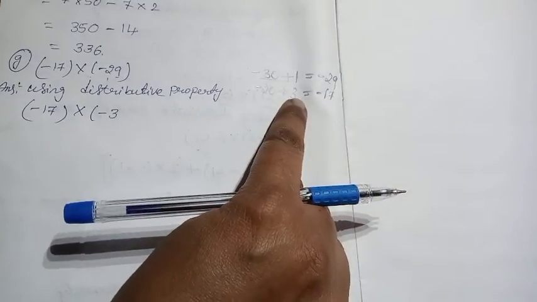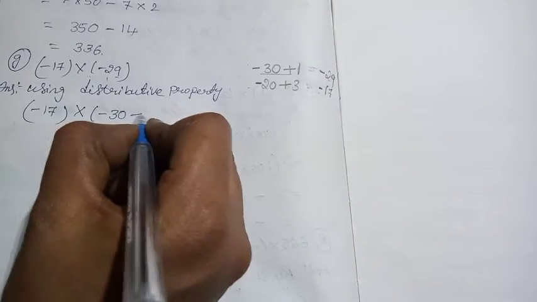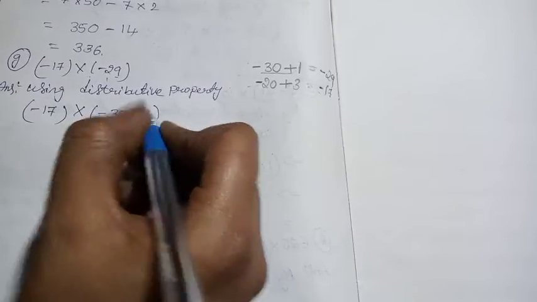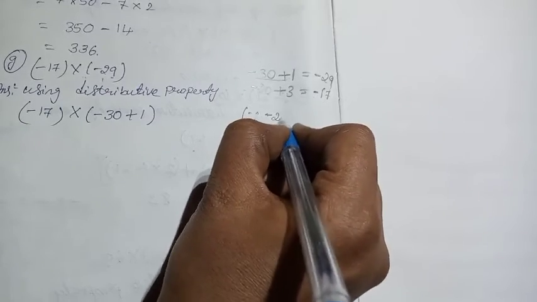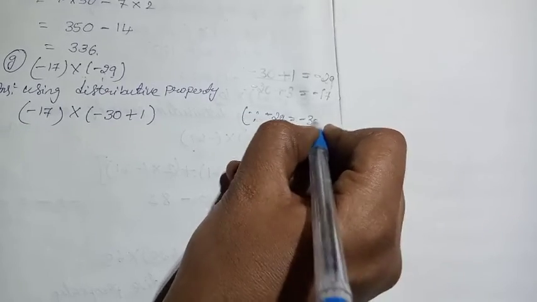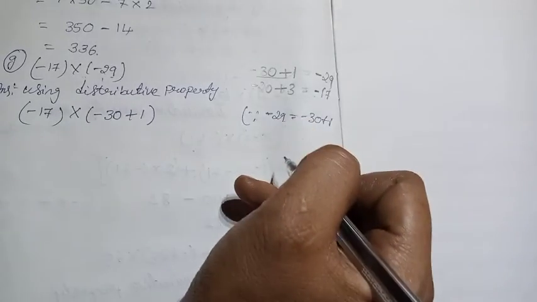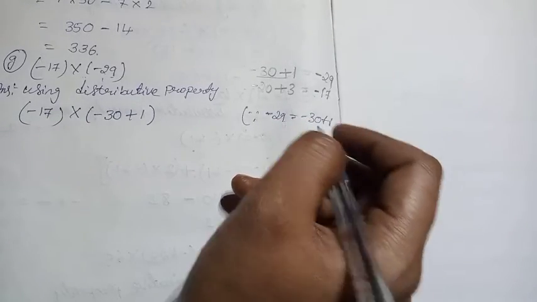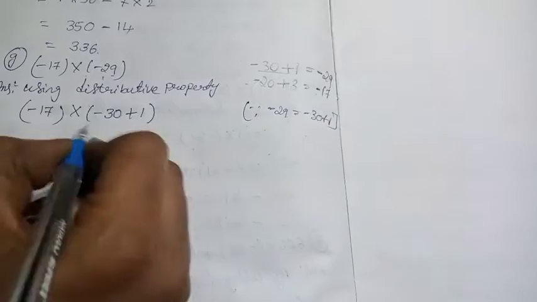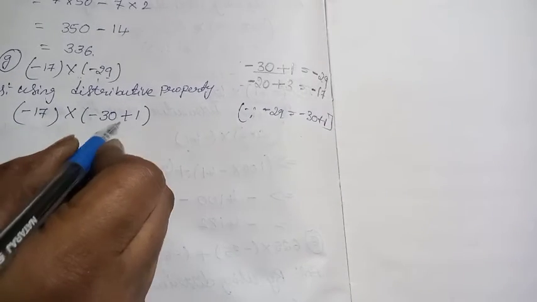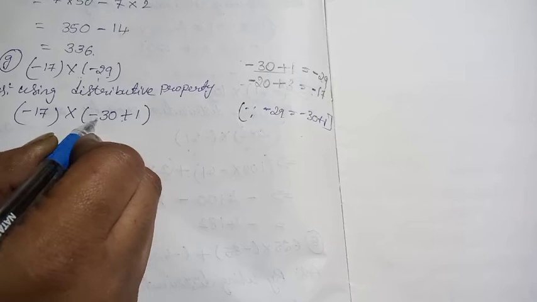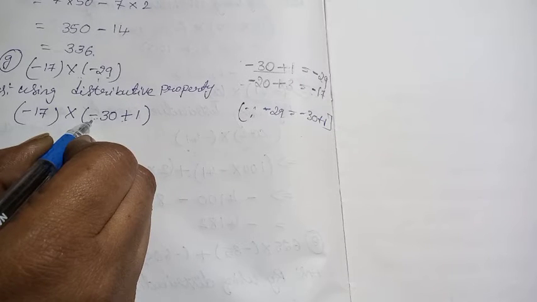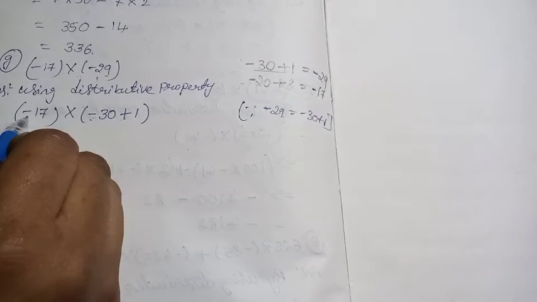You have to write this also on the side. Okay, plus 1. Got it? Why am I going to take this? Minus 29 is equal to minus 30 plus 1. It should be like this: minus 30 plus 1. So now here split it. Now you know that plus into minus is minus. So here the bigger number's sign, plus into minus is minus only, but what, here also minus is there.